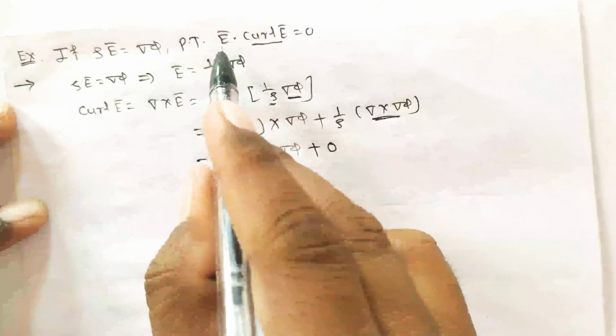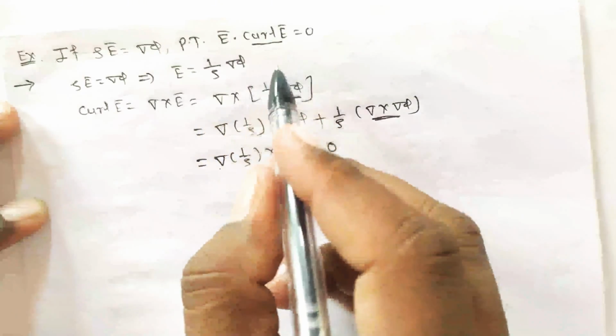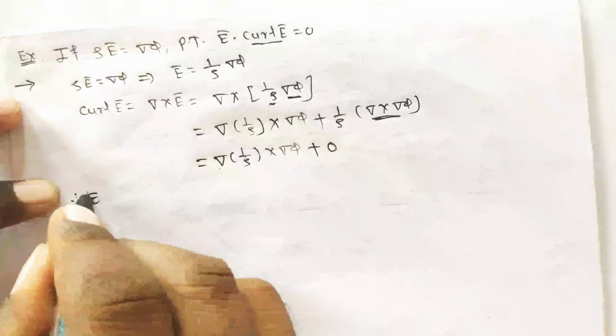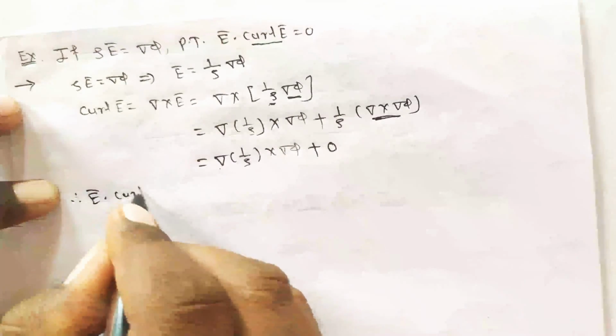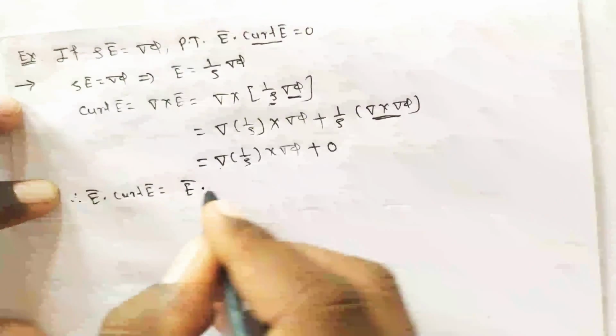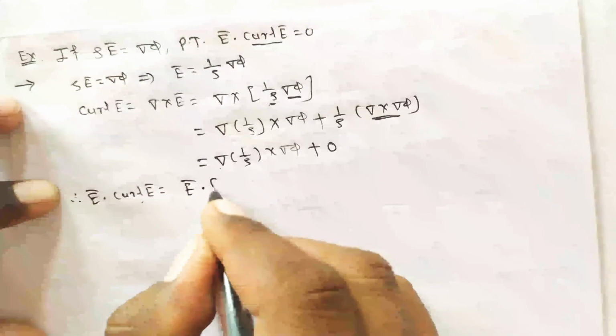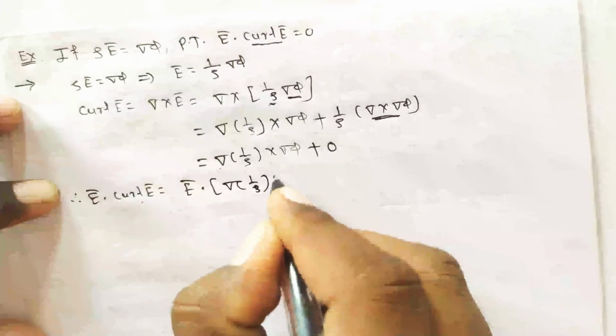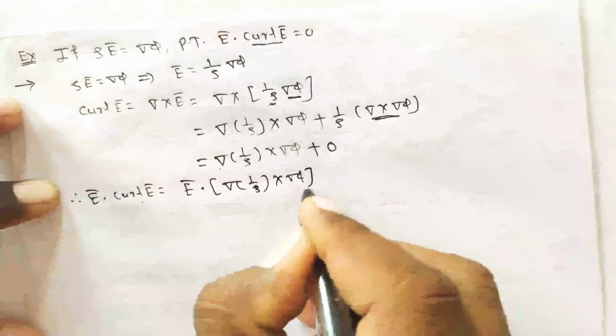Now we have to prove that e bar dot curl of e bar is equal to 0. We take the LHS, e bar dot curl of e bar, which is equal to e bar dot, and putting the value of curl of e bar, del of 1 upon rho cross del phi.